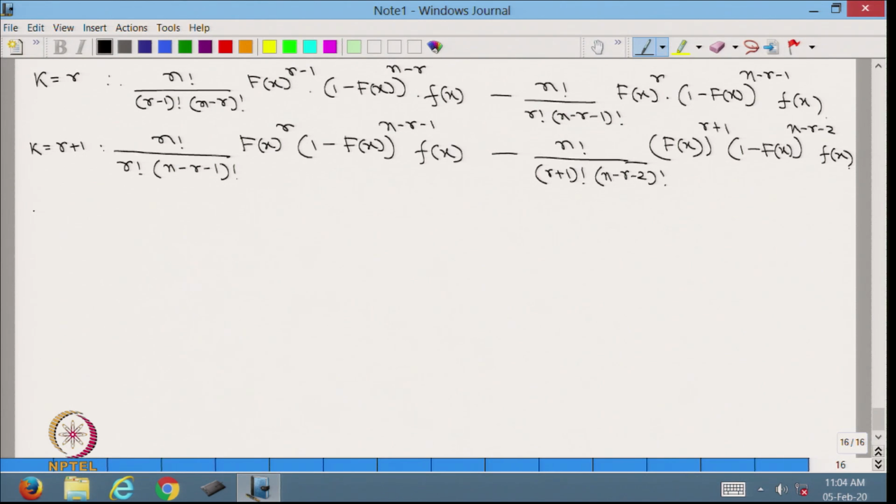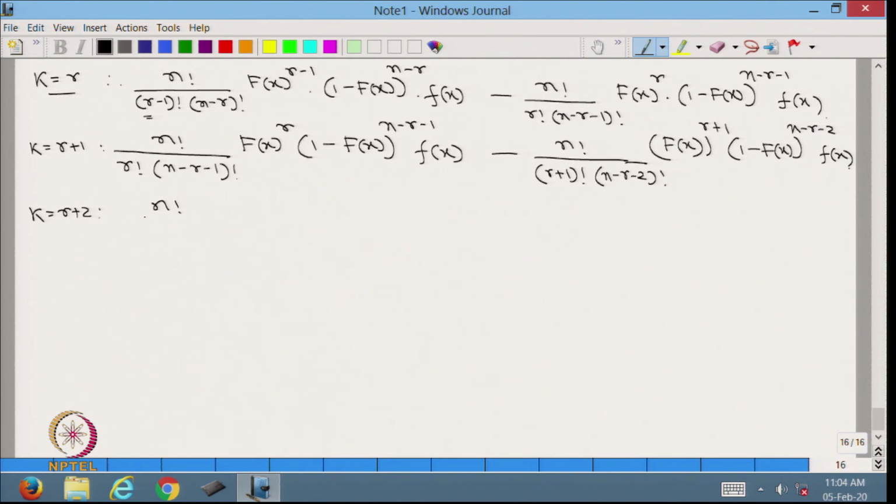Now, let us put k equal to r plus 2, by putting r plus 2 in the general expression.